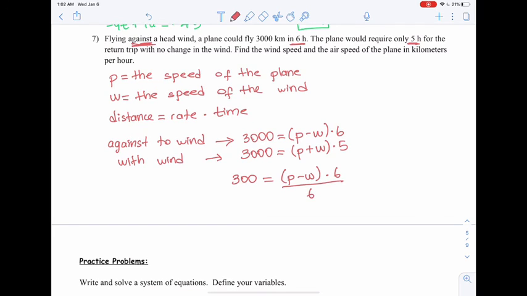I'm going to divide both sides of the equation by 6. So from here, I will get P minus W as 500.